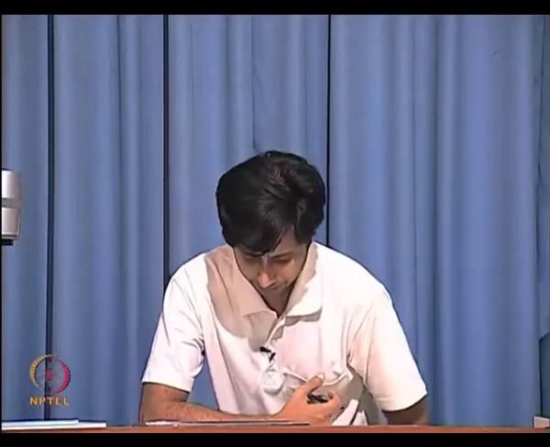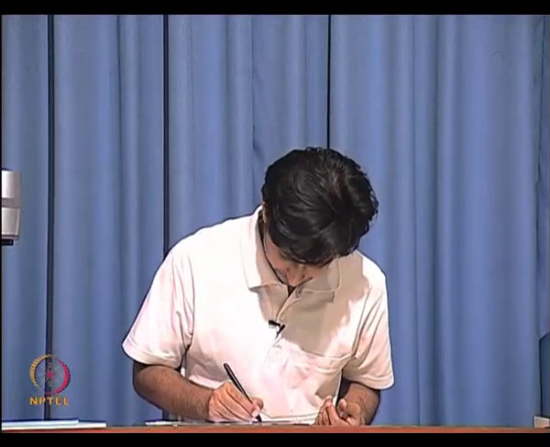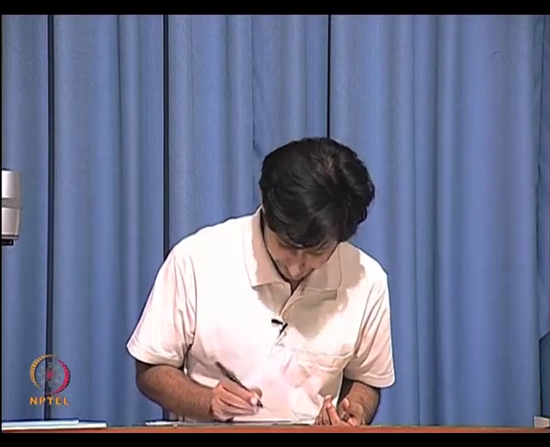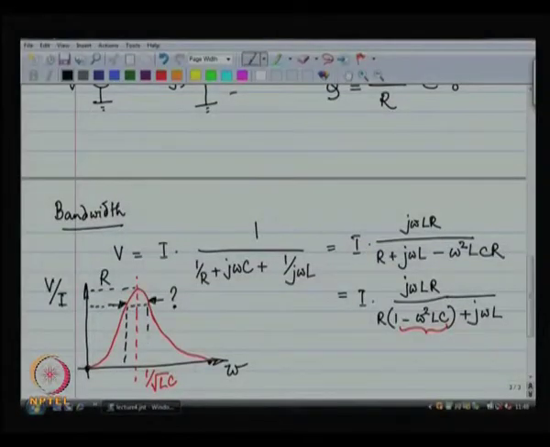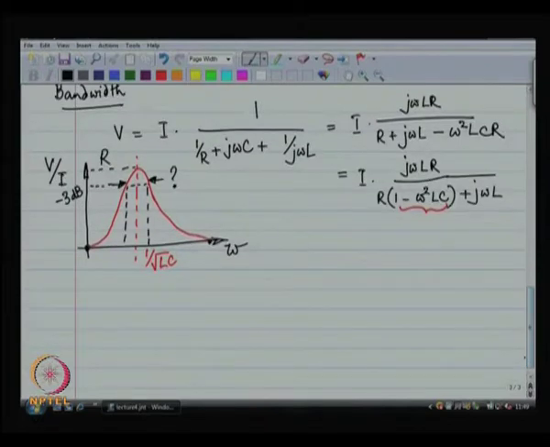Normally when we talk about bandwidth, we say at what frequency is the response 3 dB below the maximum, or a factor of 1 by square root of 2 times the maximum. So, this is the question, and what one can derive is as follows.